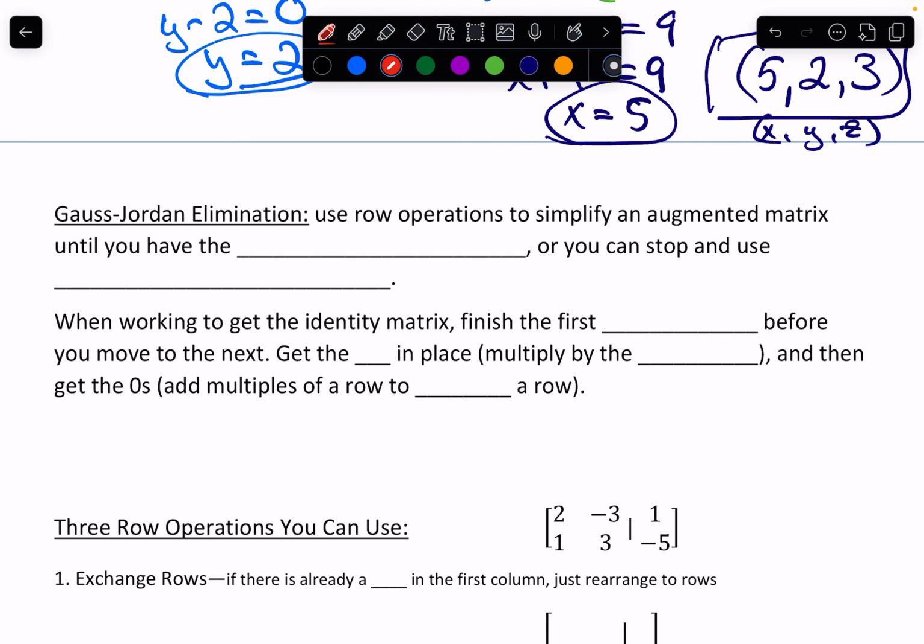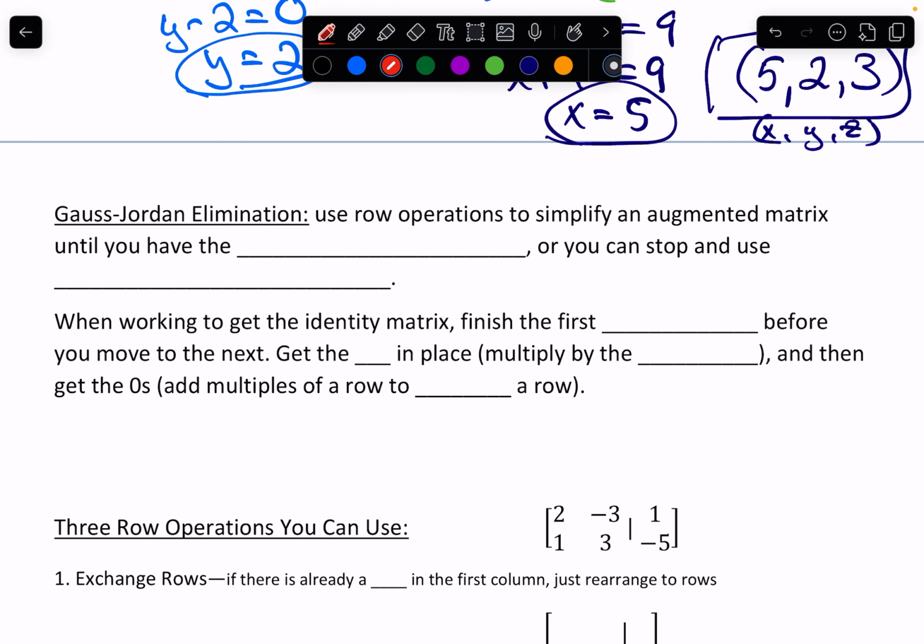Okay, now that we have that 1 there, what we're going to do is add multiples of rows. Use this to replace rows to get a 0 where you need it. So our goal here is to get a 0 right here. So what do we want to do?